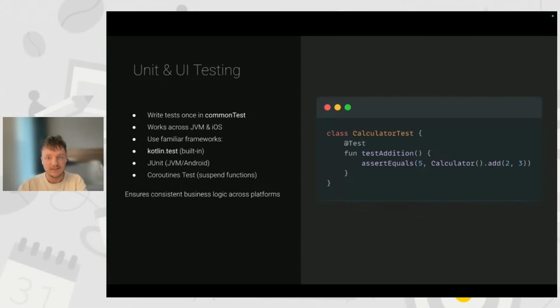Talking about testing, for the common module or shared module, we still keep one common module for testing, which is usually named commonTest. To do so, we can use JUnit, kotlin.test, and other libraries that Android developers are familiar with.